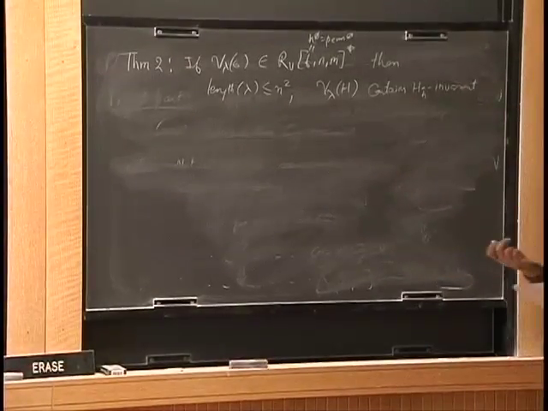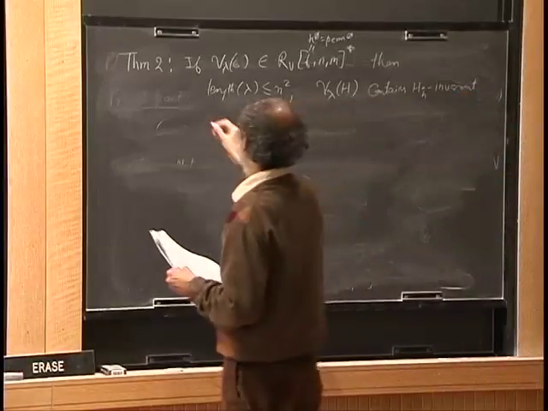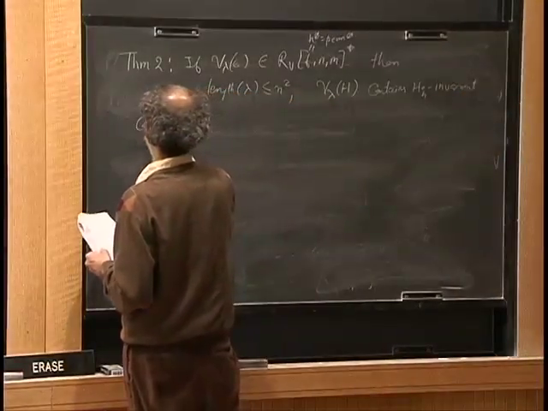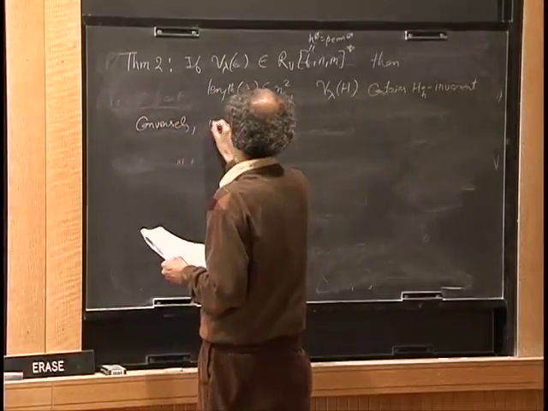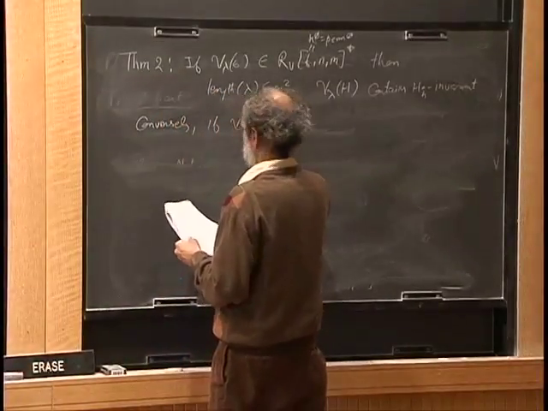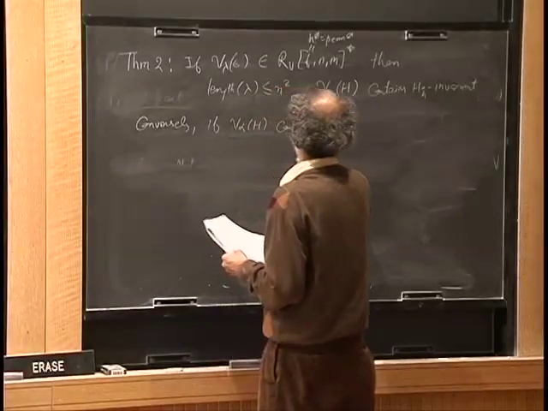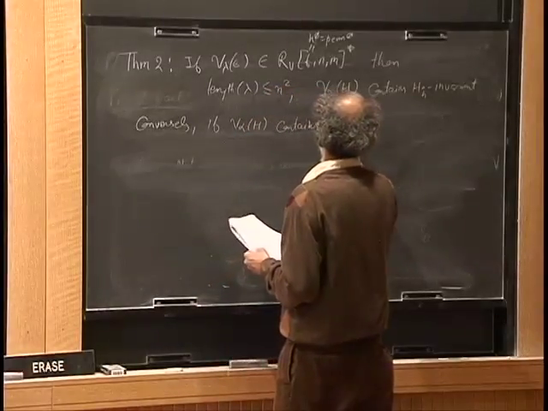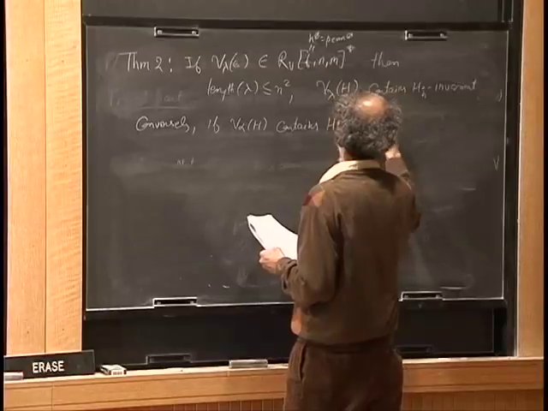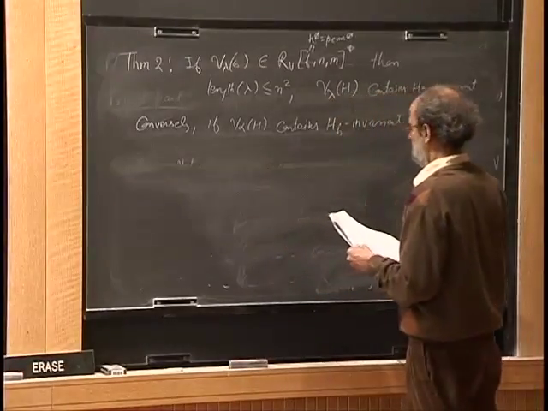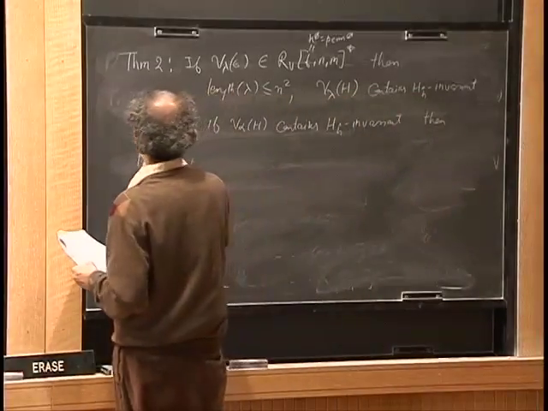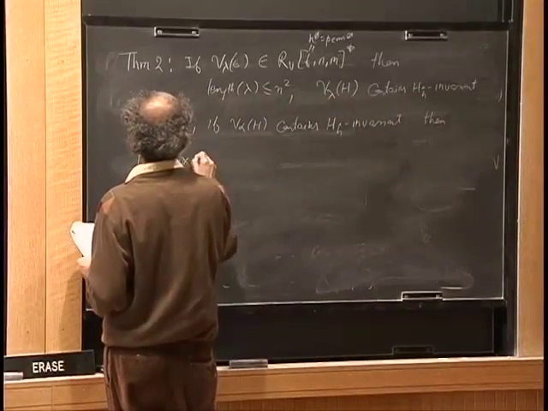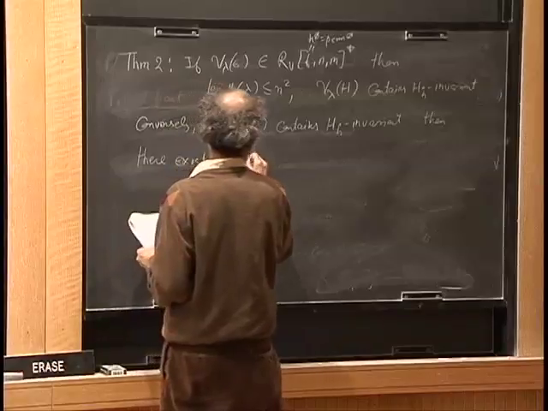Okay, and conversely, if V alpha H contains H hat invariant, then there exists lambda, this.